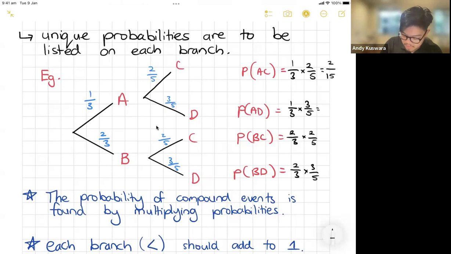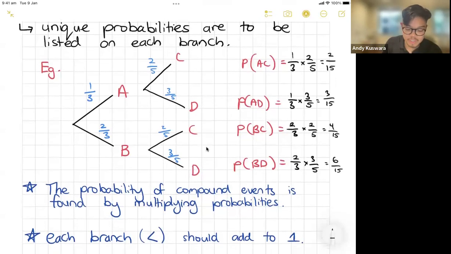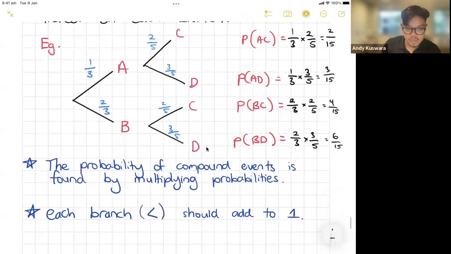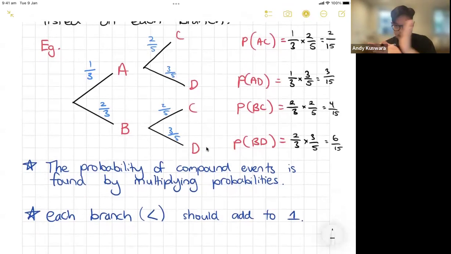Now if I calculate these really quickly, 2 on 15, 3 on 15, 4 on 15, 6 on 15. Mathematically, 2, 3, 4, and 6 add up to 15. So that means these all add up to 1. Now that's what I'm talking about. Each branch should always add up to 1. So a third plus 2/3 is 1. And 2/5 plus 3/5 adds up to 1.